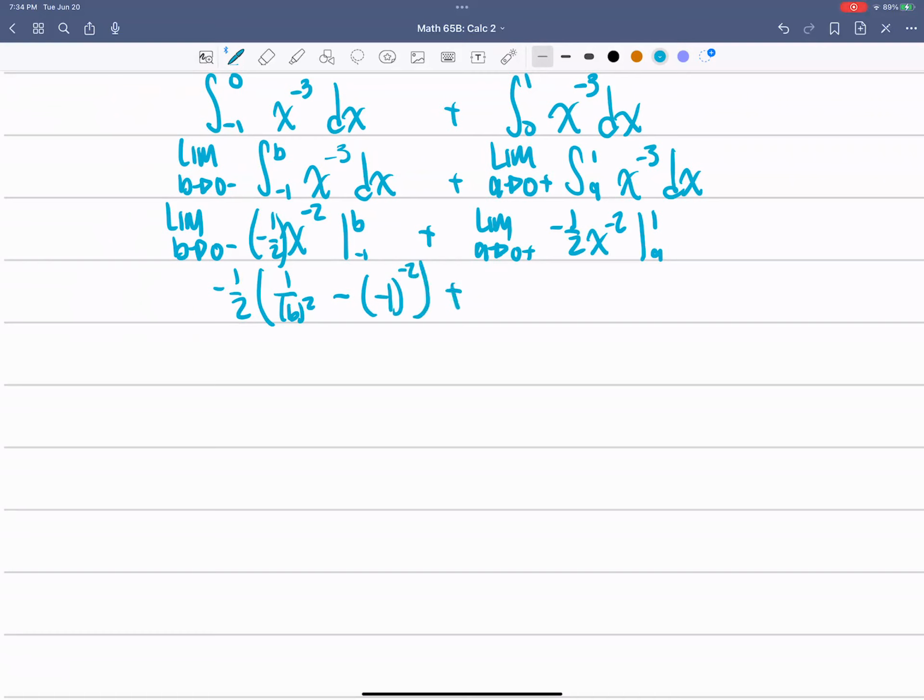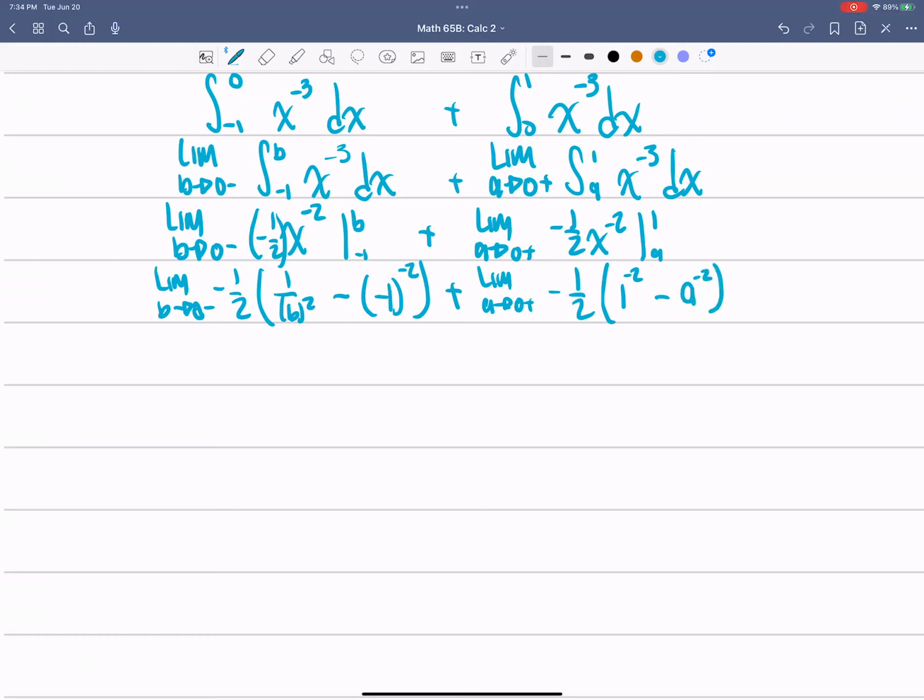We'll evaluate that right now. That's the limit as b approaches 0 from the left, and the limit as a approaches 0 from the right, -1 over 2. Here we have 1 to the -2, which is still going to be 1. We have a to the -2.